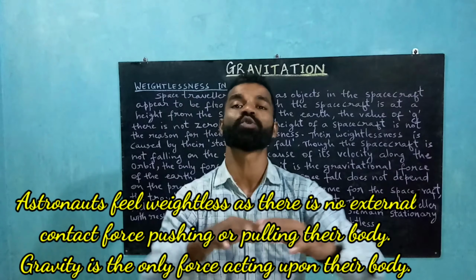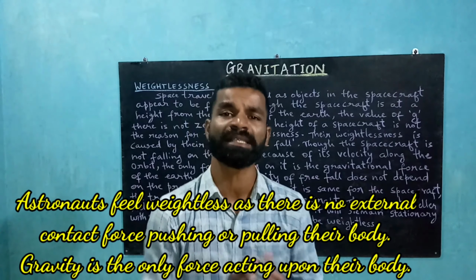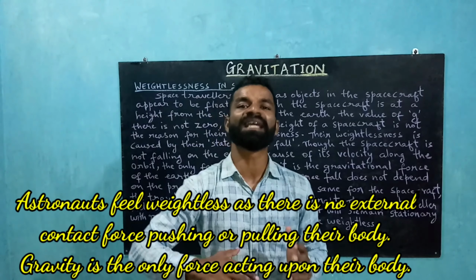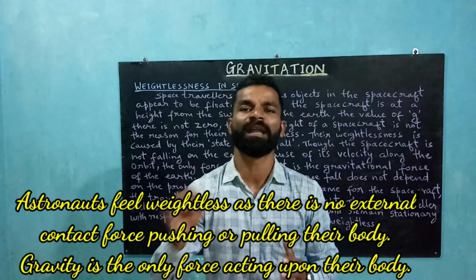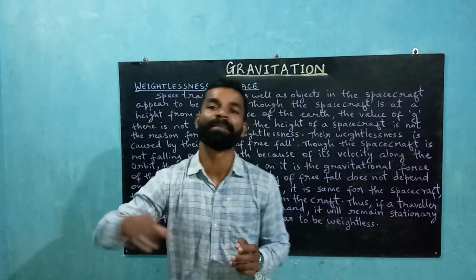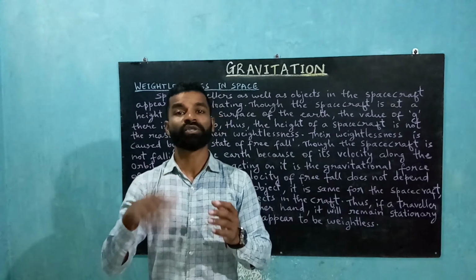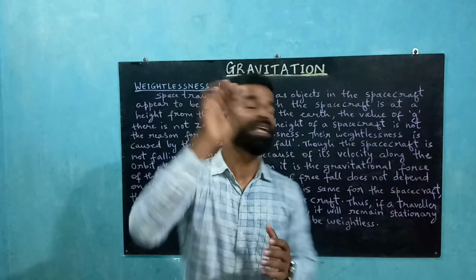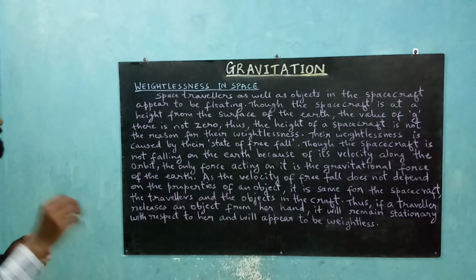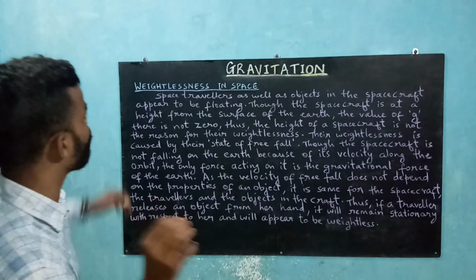Second reason is there is no other force acting on these astronauts. That means they are in a state of free fall. Only the gravitational pull of the earth is acting, that also very weak, and they have their orbital velocity. So they can also be called to be in free fall. So space travelers as well as objects in the spacecraft appear to be floating.